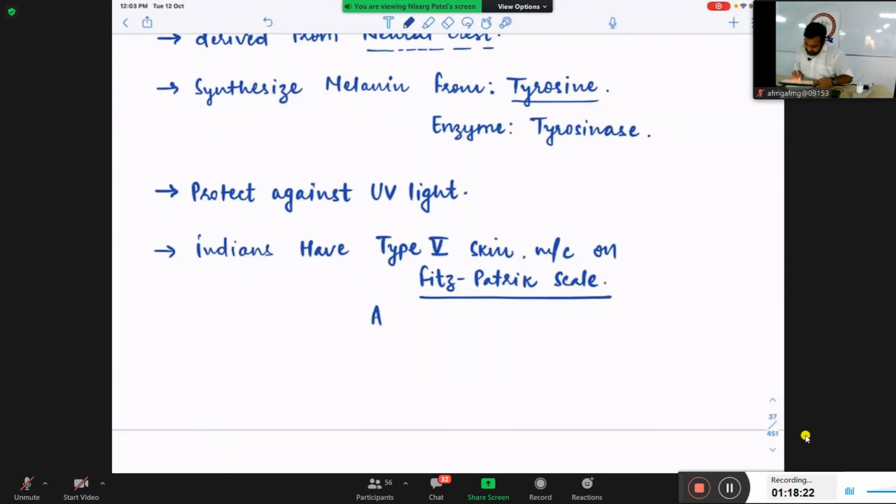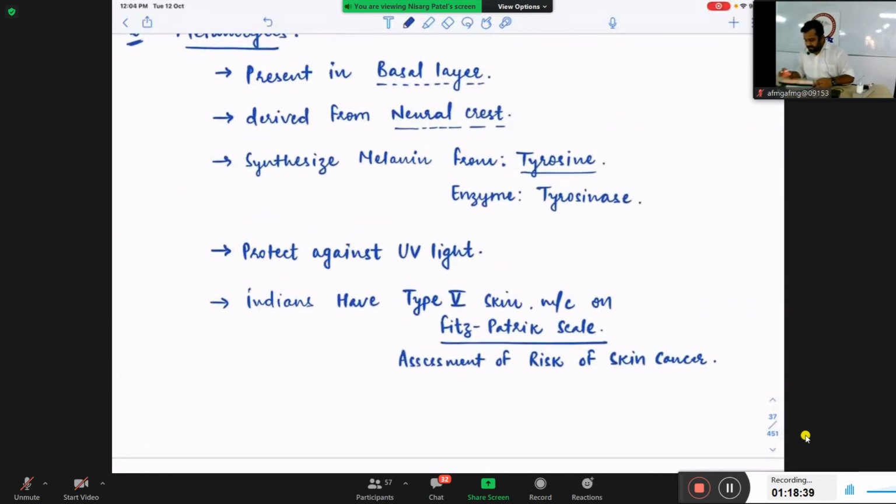This scale is an assessment of the risk of skin cancer. They have seen that if you have black skin, there are fewer chances of developing skin cancer. Indians have type 5 skin, most common on the Fitzpatrick scale.